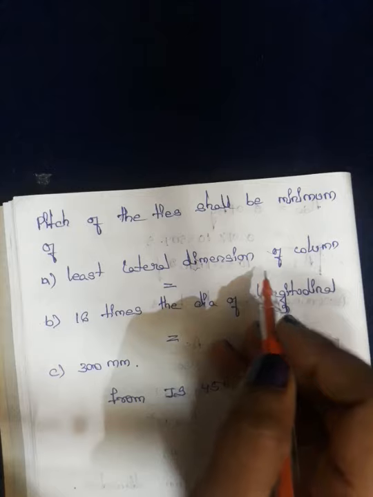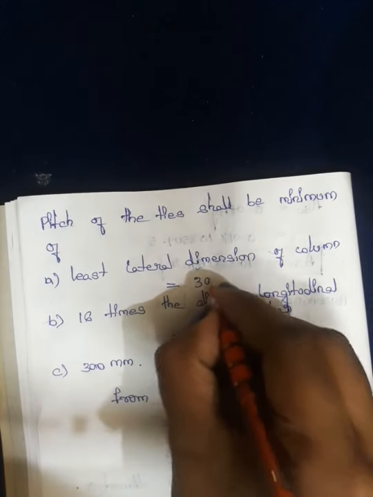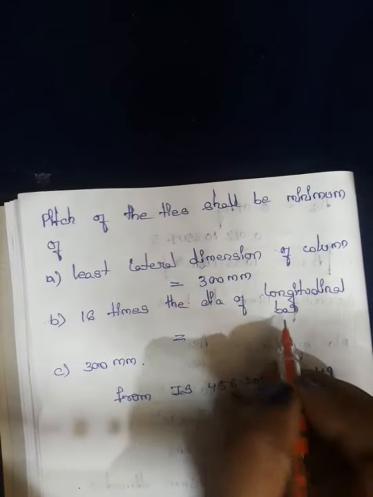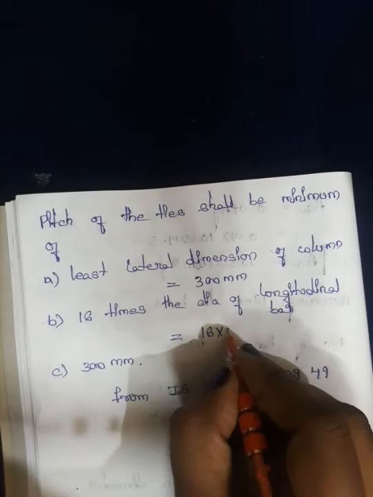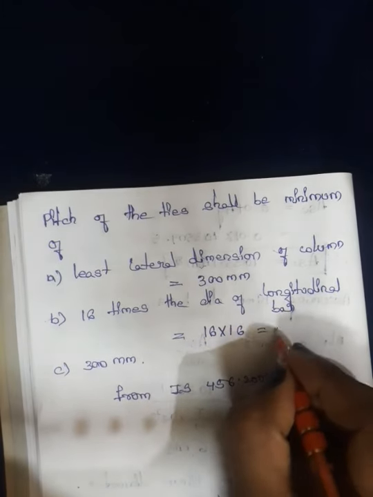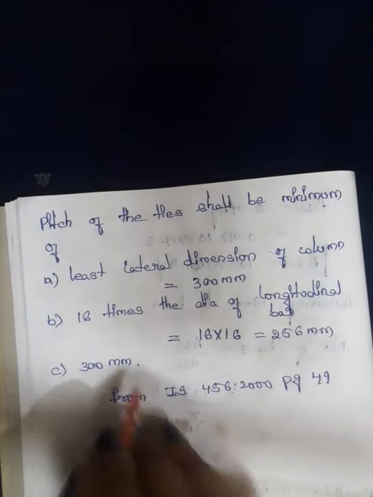So we'll find now. What is the least lateral dimension of the column? It is 300 by 350, in that the least is 300 mm. Then 16 times the diameter of the longitudinal bar: 16 into the diameter of the bar, longitudinal bar 16, so it is 256 mm. The third condition is 300 mm.